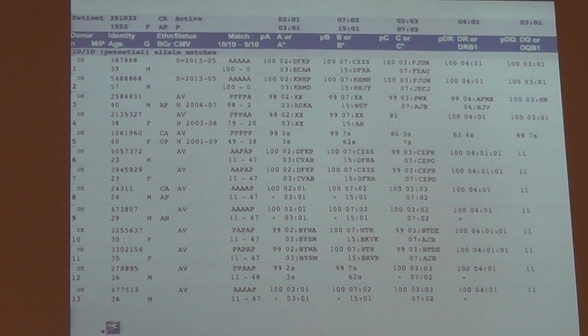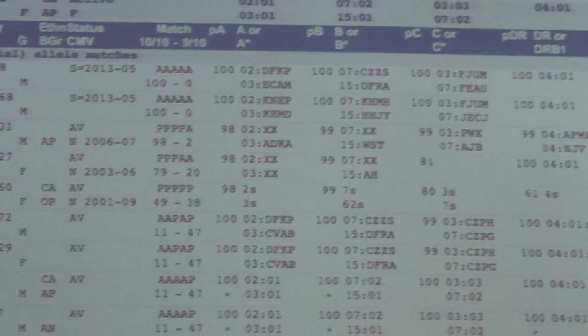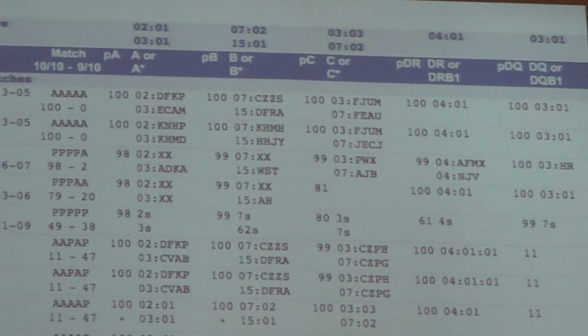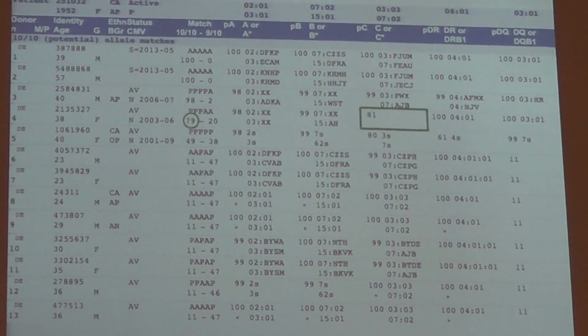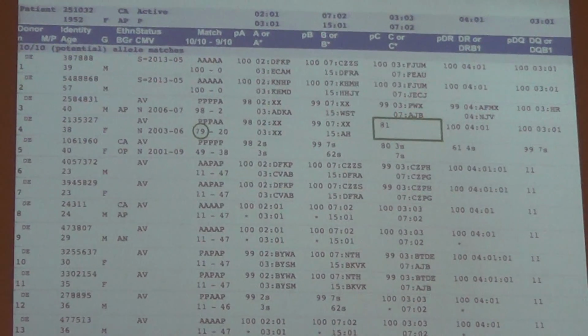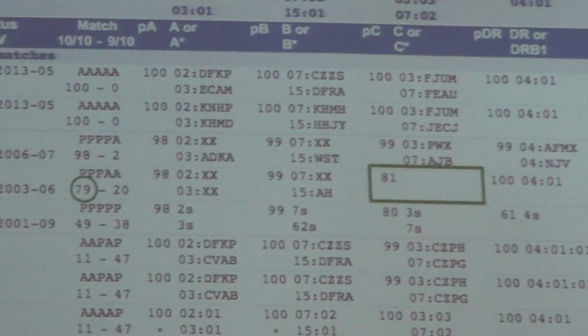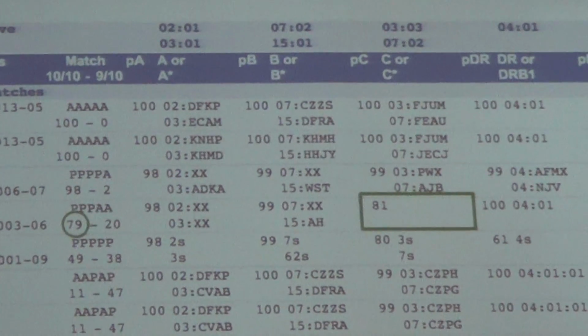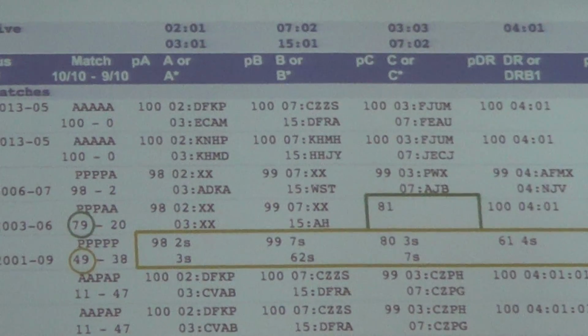A few examples from the application of the haplotype frequency-based matching prognosis. Here you see that in this match list, if you can't get one of the first donors, a missing C is irrelevant because the match probability is only going down to about 80%.